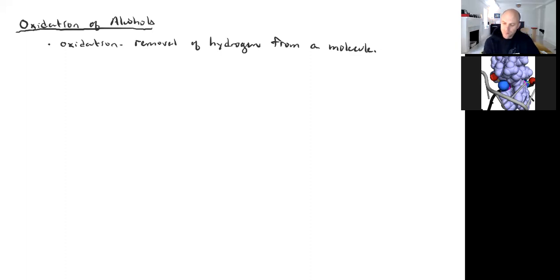And the reagents, there are many different ways to oxidize alcohols. The reagents that are historically very significant in the sense that these were the first very practical general reagents to do this transformation, and are still significant in the sense that they still find widespread application, are chromium-based reagents.